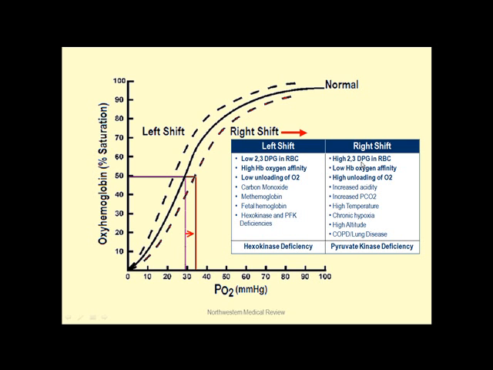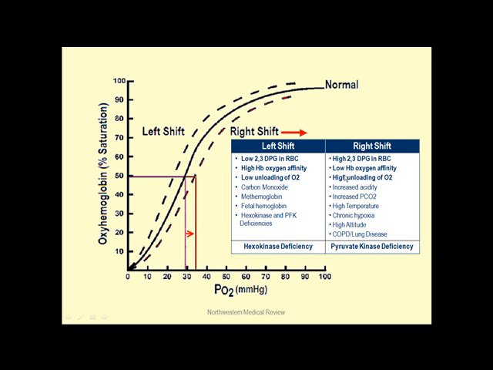Those are going to be high 2,3-diphosphoglycerate in red cells, low hemoglobin oxygen affinity, high unloading of the oxygen to the tissues, increased acidity, increased PCO2, high temperature, high altitude, chronic hypoxia, COPD, and lung diseases.